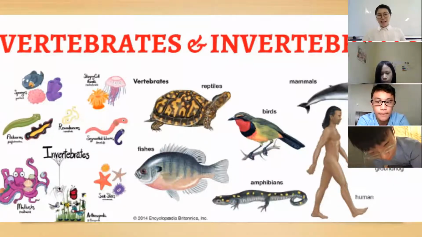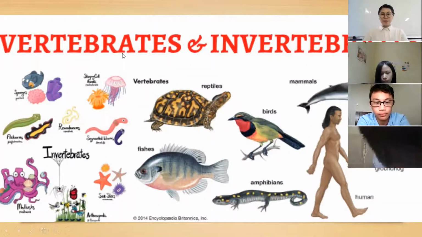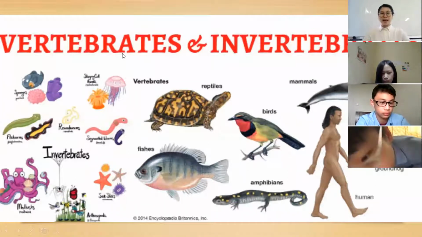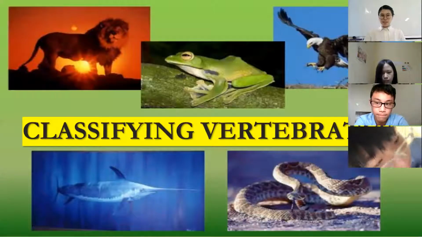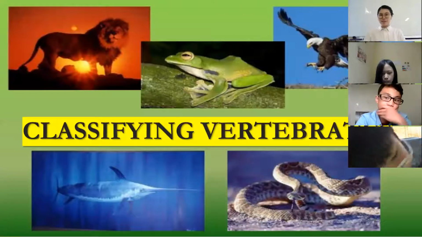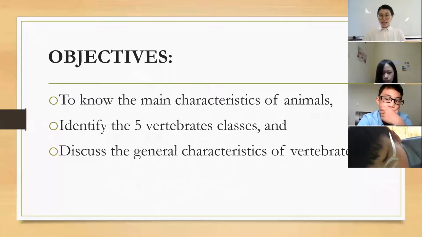As a review, classifying animals is divided into two groups, the vertebrates and invertebrates. Today we will give more focus to vertebrates, classifying vertebrates. But before that, I will share our objectives for this morning.